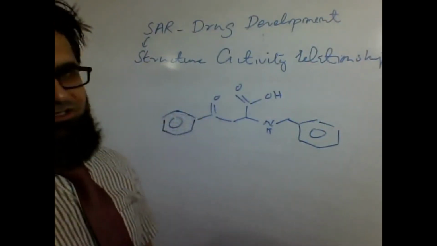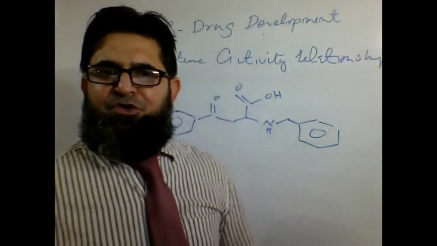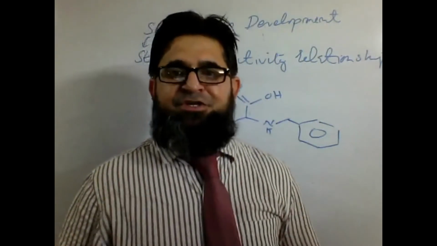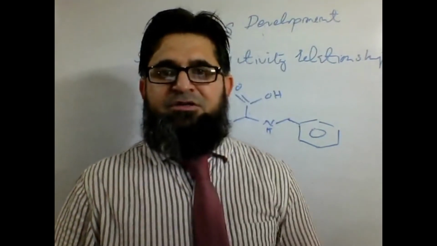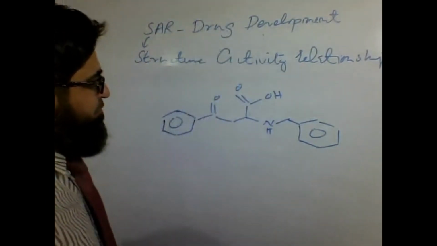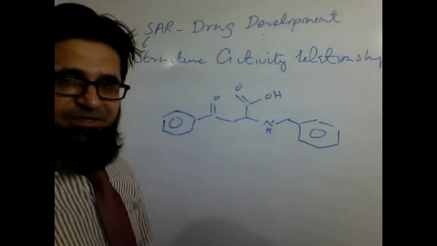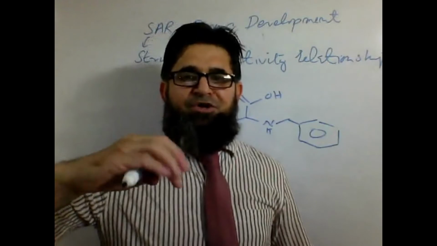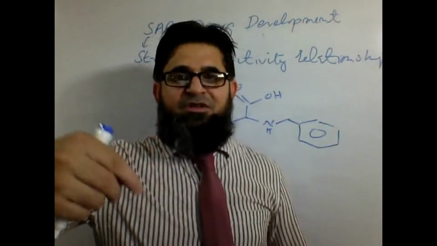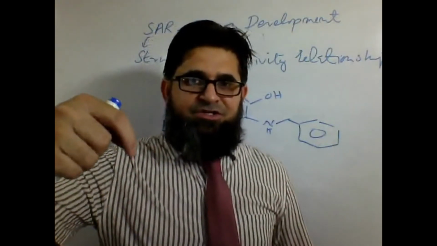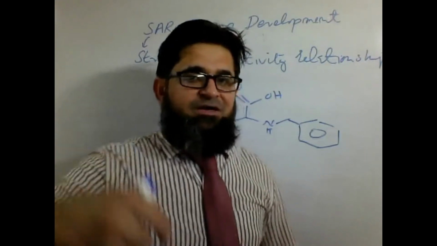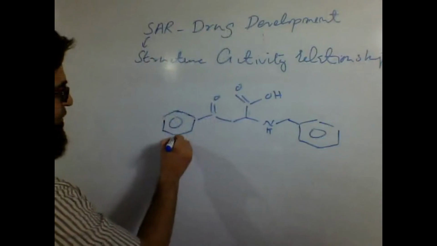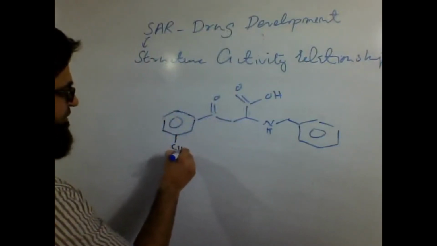Let's say this is one of the lead molecules which has been isolated from a plant species, and let's say this compound has shown promising antibacterial potential. So now we want to see whether a minor change in its structure can increase its activity potential. Let's say one can introduce a methyl group over here.